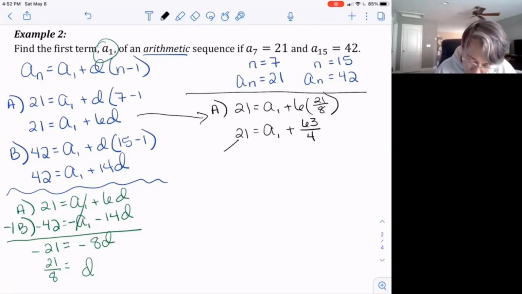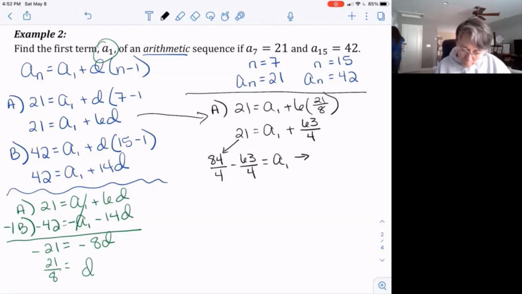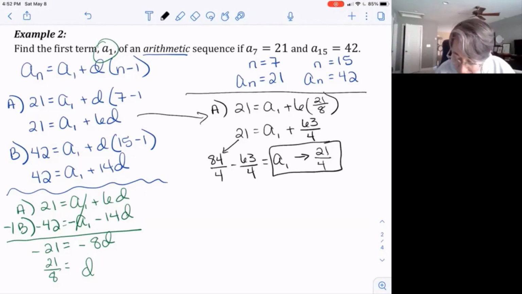So let's rewrite this 21 as a fraction over 4. That would be 84/4 minus 63/4 as our first term. So 84 minus 63 gives us 21/4 as our first term. And that's what they're actually asking us for.